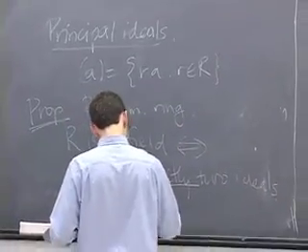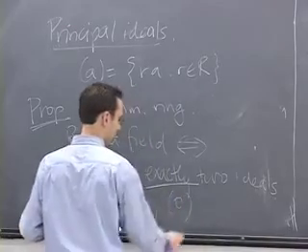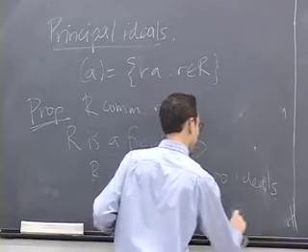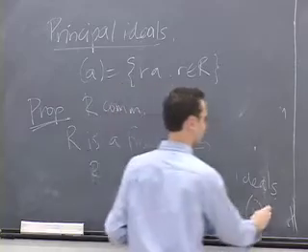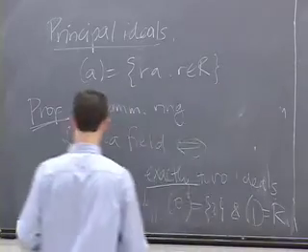Namely, 0 and the unit ideal, 1, which is all of the ring.